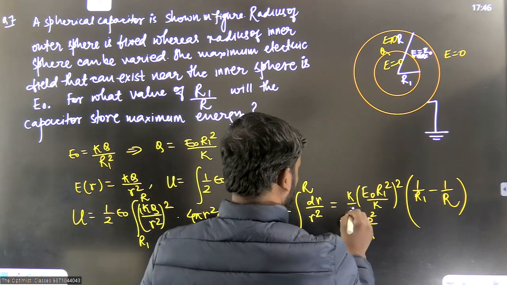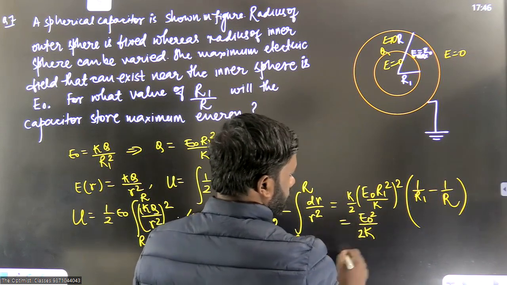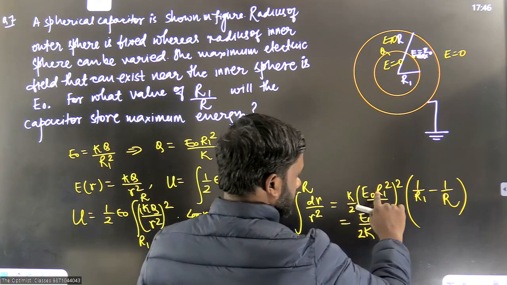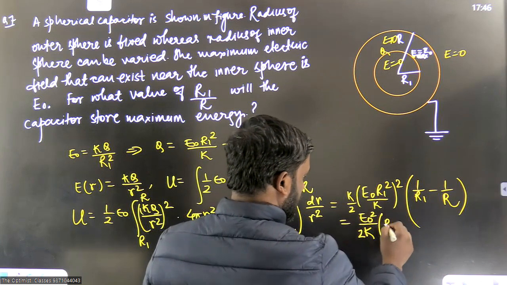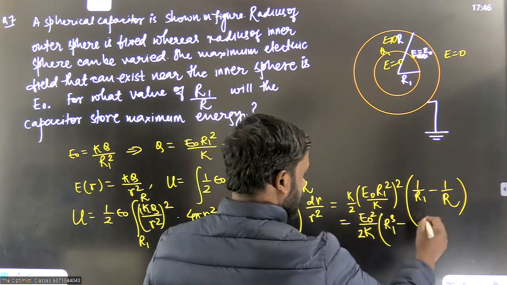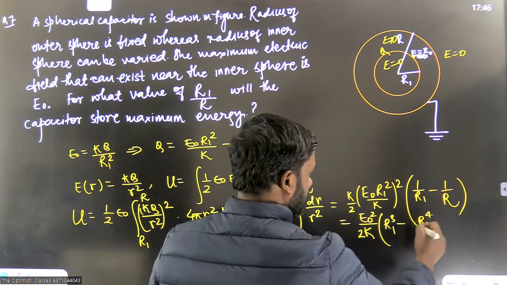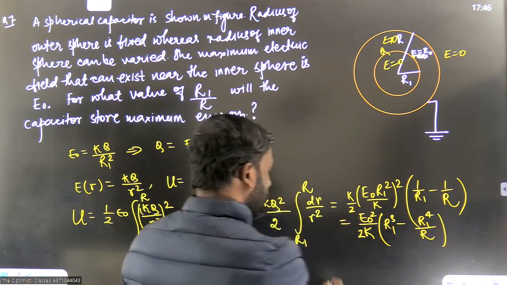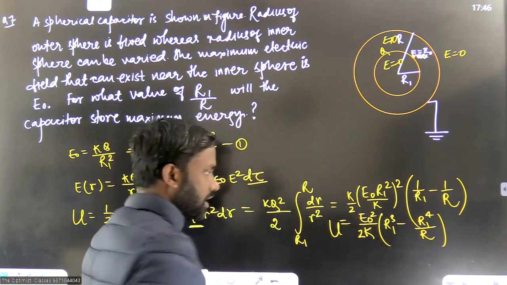When you multiply by R1 power 4, you get R1 cube, and minus R1 to the power 4 divided by R. So that is U, the electrostatic energy.